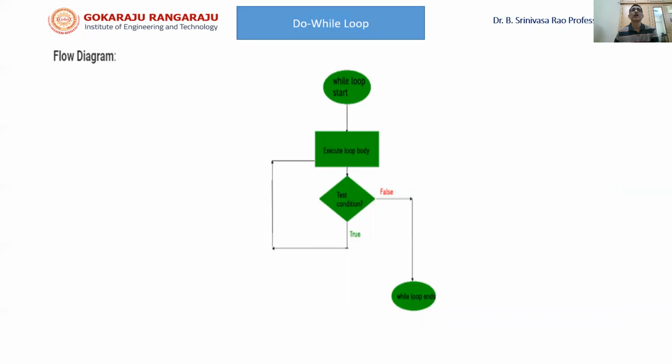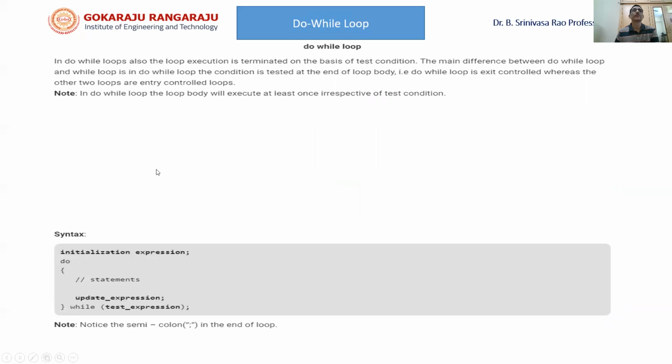Now let us see how the do while loop works. The syntax of the do while loop is that we have the keyword do, and it contains the statements block, and then we have the while test condition. Initially with the expressions, without testing the condition we enter into the block, and all the statements are executed.